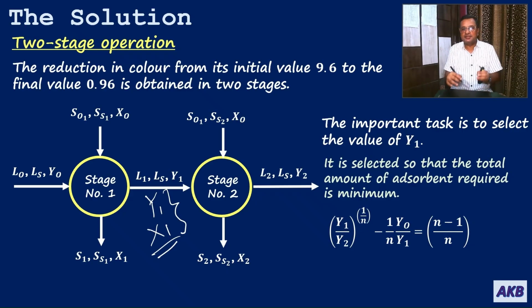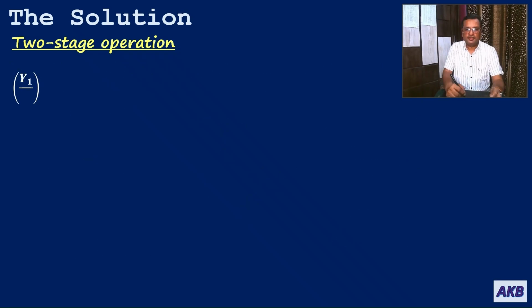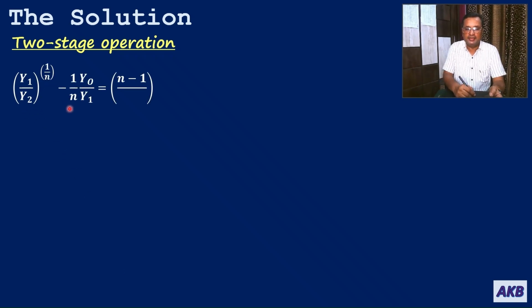So the task is, you have to solve this equation by using an appropriate method to get the value of y1, and we will be doing that. So you have this equation, (Y1 by Y2) raised to 1/n, minus (1/n) into (Y0 by Y1), that is equal to (n minus 1) upon n.